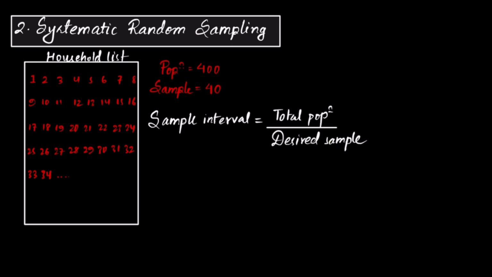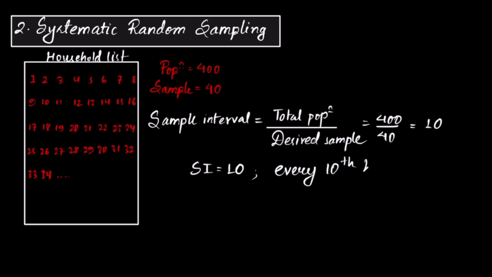Total population is 400, which is divided by 40, which comes out to be 10. So the sample interval comes out to be 10. The significance of the sample interval is that now every 10th house is selected for the sample.